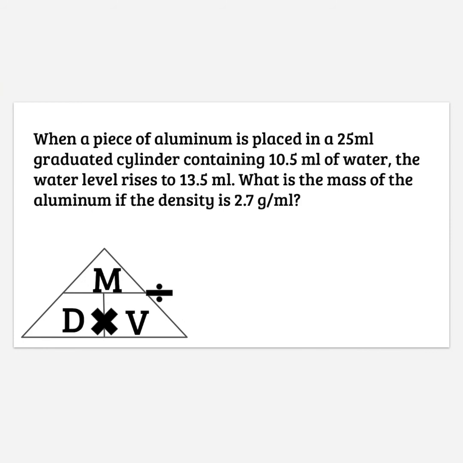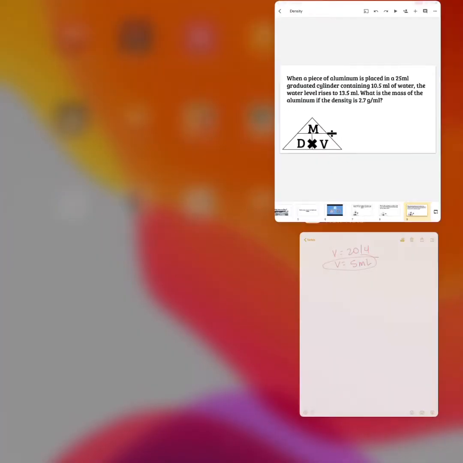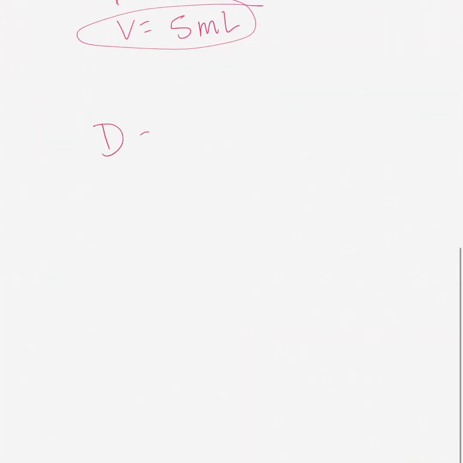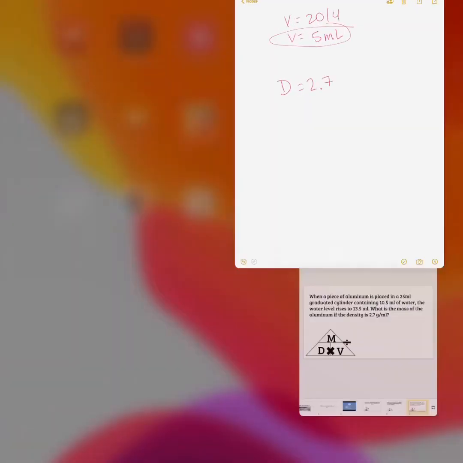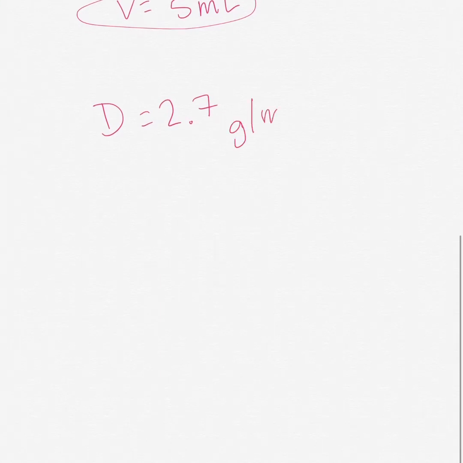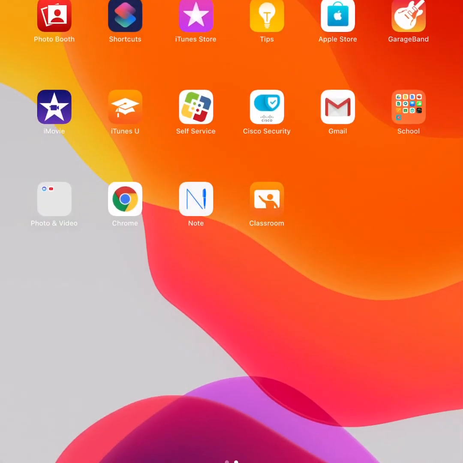Last example: a piece of aluminum is placed in a 25 milliliter graduated cylinder containing 10.5 milliliters of water. The water level then rises to 13.5. What's the mass if the density is 2.7? So we know density is 2.7, that was grams per milliliter.